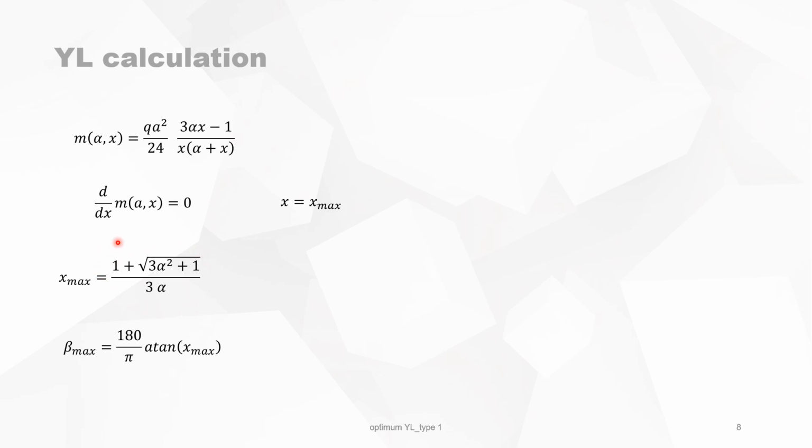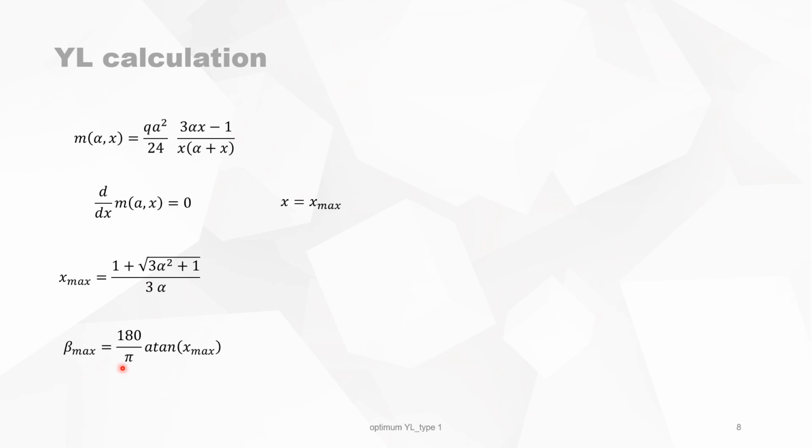Something we should notice, when you take the limit for alpha going to infinity, it means that you are going from a two-way slab to a one-way slab. Then you will see that x max is 1 over the square root of 3, the limit for alpha very big. It's 1 over square root of 3, which is the tangents of 30 degrees.